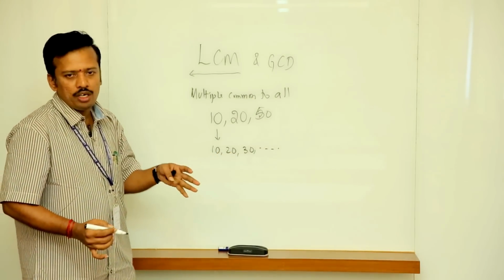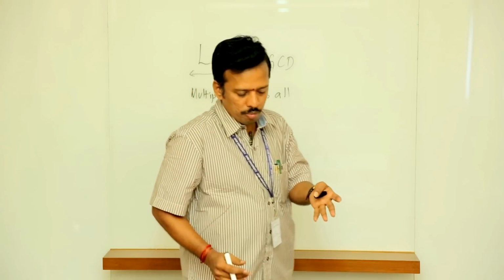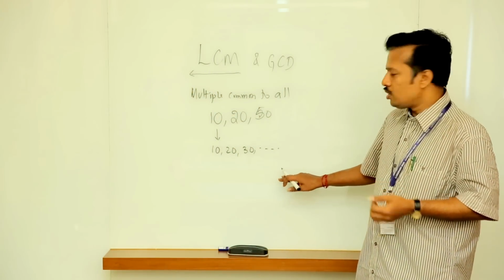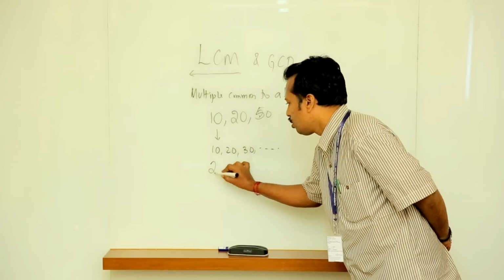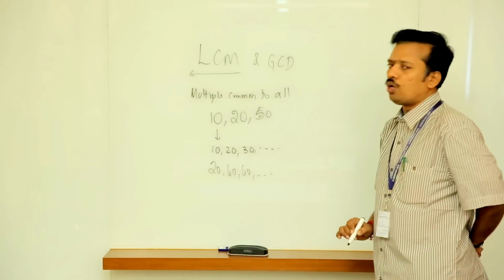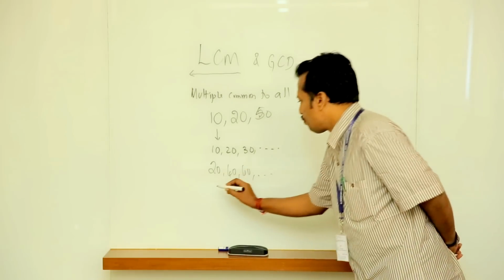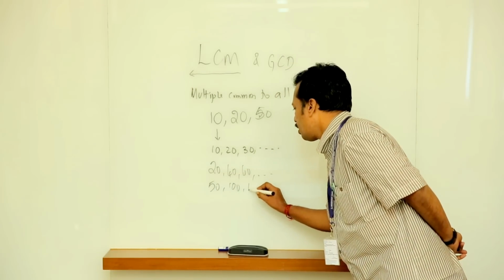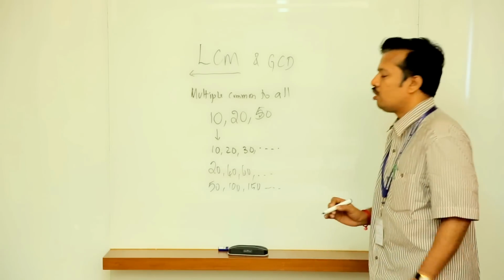When you multiply any number by the natural numbers, they are said to be the multiples. Similarly, for 20, it is 20, 40, 60 and so on. For the third number, 50, it is 50, 100, 150 and so on.